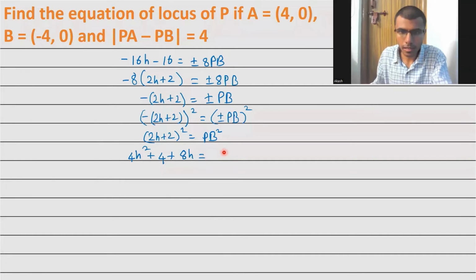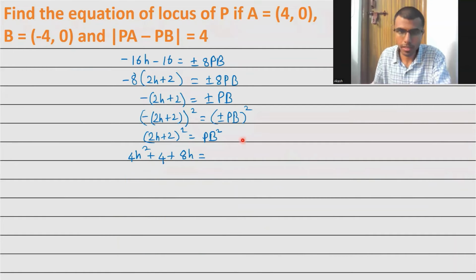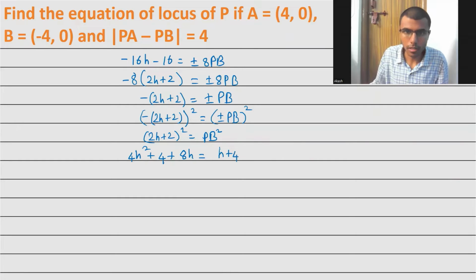Next, after that, pb value we already wrote here. Pb square would be this term without the under root, so it is h plus 4 whole square plus k minus 0 plus k square. H plus 4 whole square plus k square.